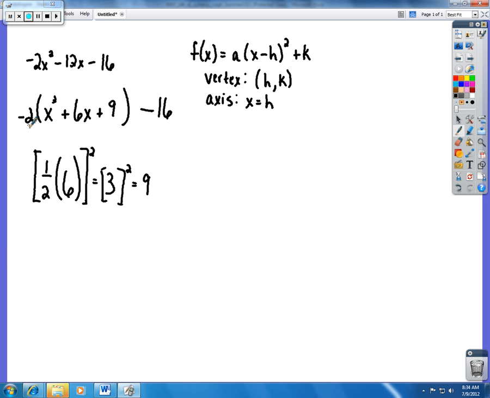So in order to balance this equation, so we haven't changed anything, we have to add or subtract the opposite of whatever we've done here. I'm doing a plus 9 here, but what I've actually done is negative 2 times positive 9. I've actually subtracted 18 by putting this 9 in here. So since I've subtracted 18 in this chunk, I'm going to add 18 out here.